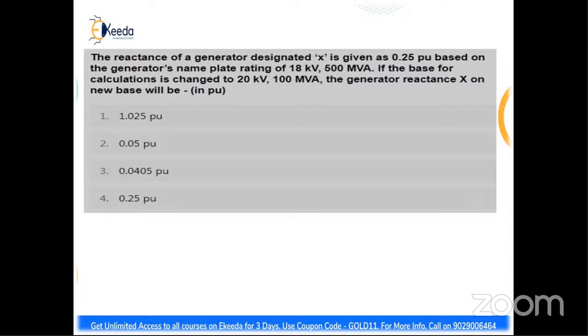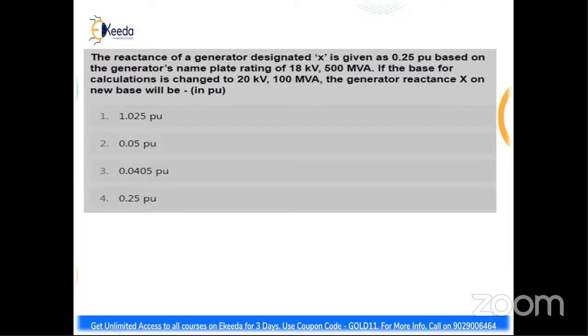If the base for calculation is changed to 20 kV 100 MVA, the generator reactance X on the new base will be, right?